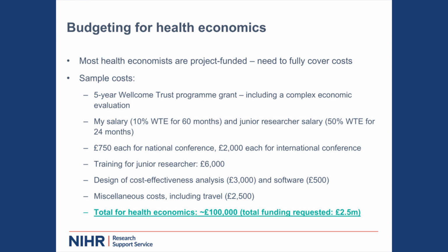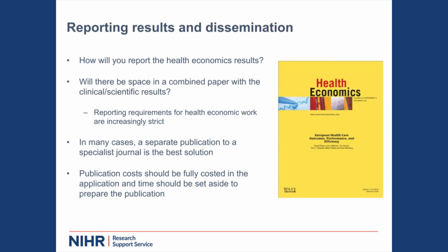And we also want to think about how we're going to maximise the impact of our research and our findings. So dissemination is important. I think historically, health economics results were quite often combined with clinical results in the same paper. But given the reporting requirements for both aspects have probably increased in rigour, we often run out of space for that and quite often report our results as a separate paper to the main clinical analyses.